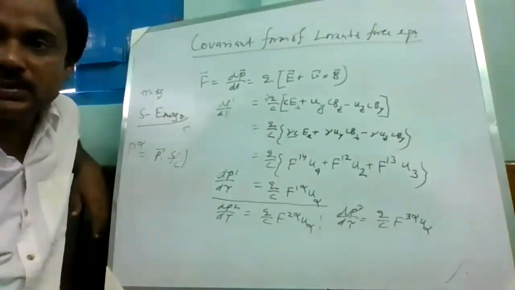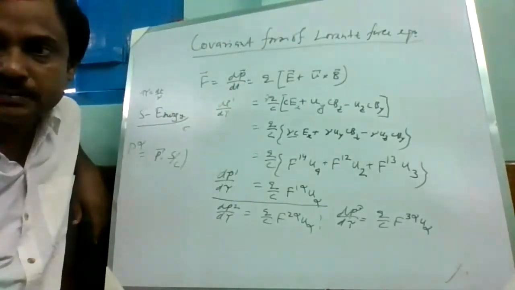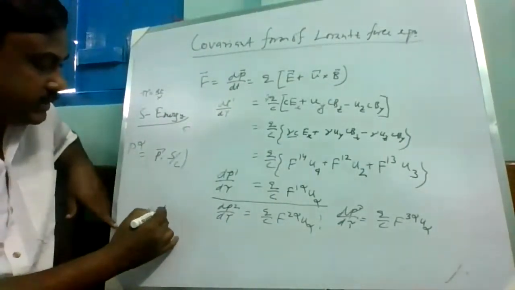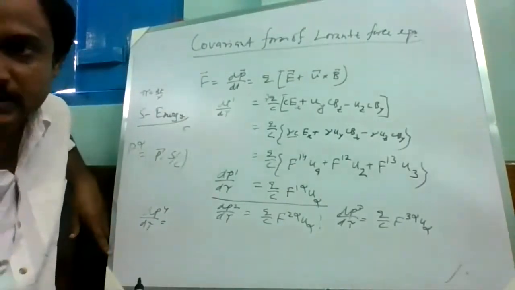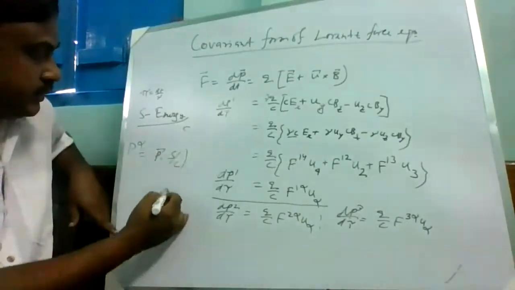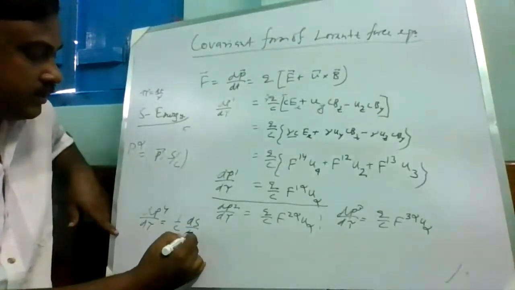And the energy equation, you know, was, so if we write similarly dp4 by d tau, this will be equal to, since the fourth term is S by c, 1 by c dS by d tau, right?